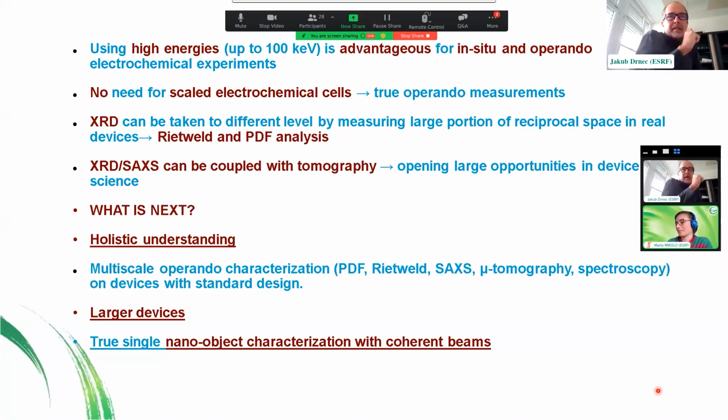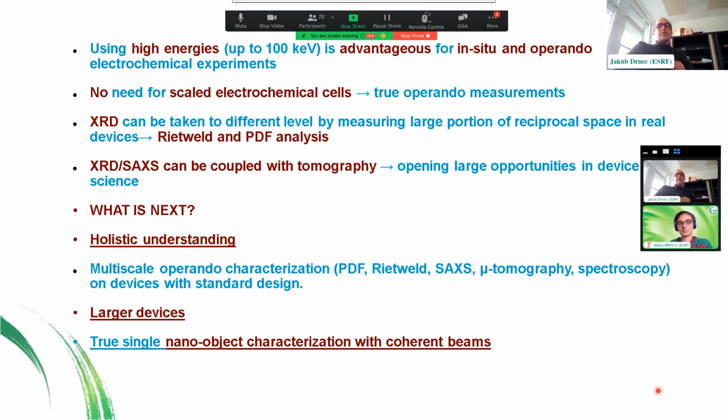Let me summarize this. Using high energies is really good, especially if you go to the level of the conversion device and bulk of the materials. And this is really advantageous for in situ and operando electrochemical experiments because you don't need to compromise on the cell design and you can really study high performance devices.